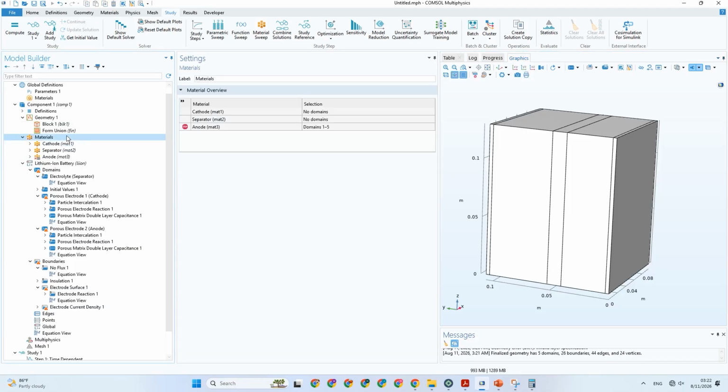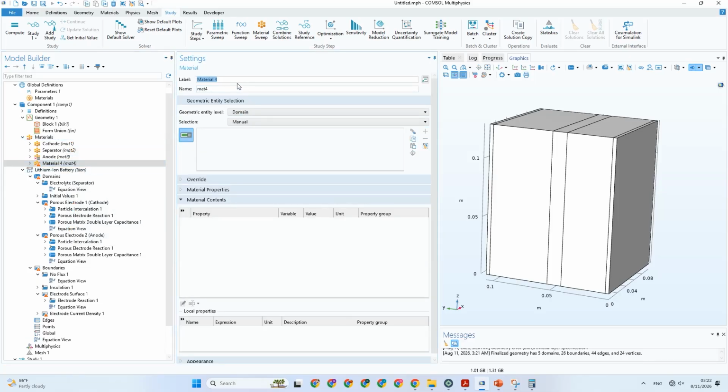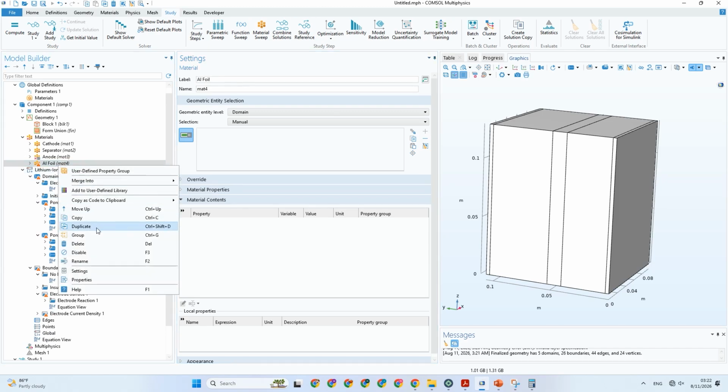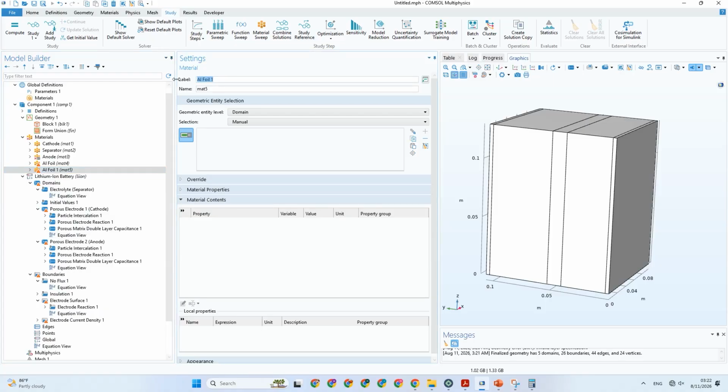Now we can add also AL foil. I can duplicate it as CU foil.